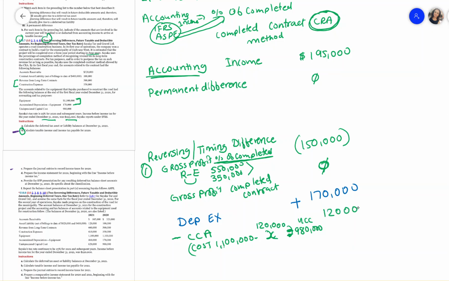The CCA is allowed for Revenue Canada purposes. So you add back the depreciation, and you minus your CCA. The question said that there are only two differences. We already covered one difference, and this is my second reversing difference. Since nothing else is happening, they're asking to calculate the taxable income and the income tax payable.